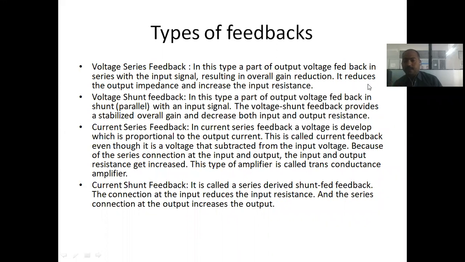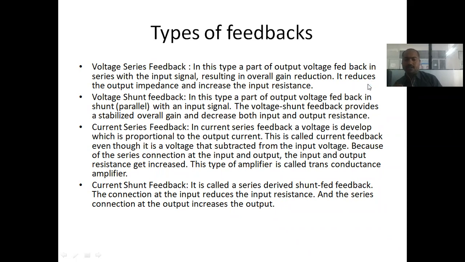But when we apply the voltage, we generate a current in proportion to the applied voltage. So this current is used as feedback, right?